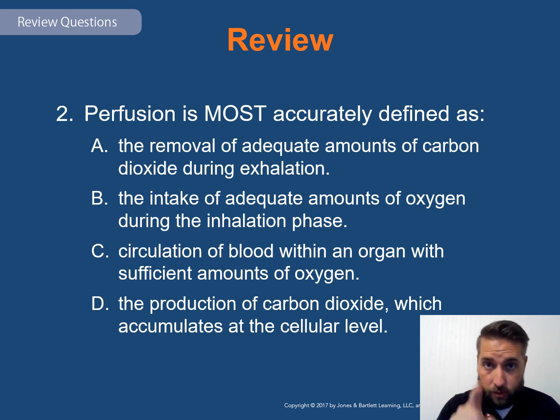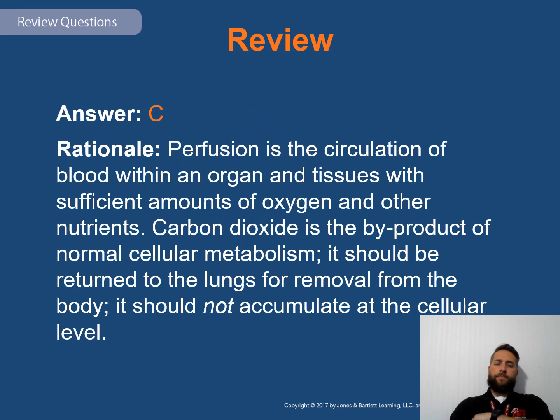You guys should know this one. I'm sure you do. It is C. So perfusion is the circulation of blood within an organ tissue, and carbon dioxide is a byproduct, and it should be removed.